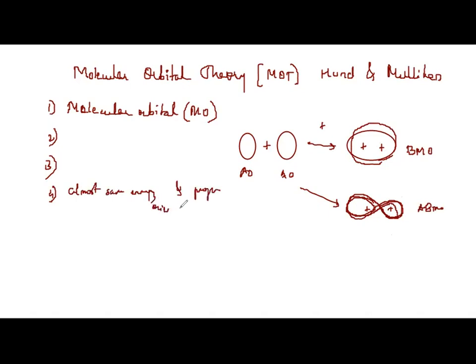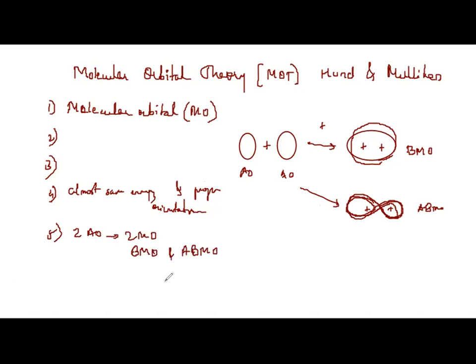Their orientation must be proper. Now, the number of molecular orbitals formed is equal to the number of combining atomic orbitals. Two atomic orbitals, two molecular orbitals. When two atomic orbitals combine, they form two molecular orbitals, called the bonding molecular orbital and the anti-bonding molecular orbital. Yes or no? Just now we have seen.